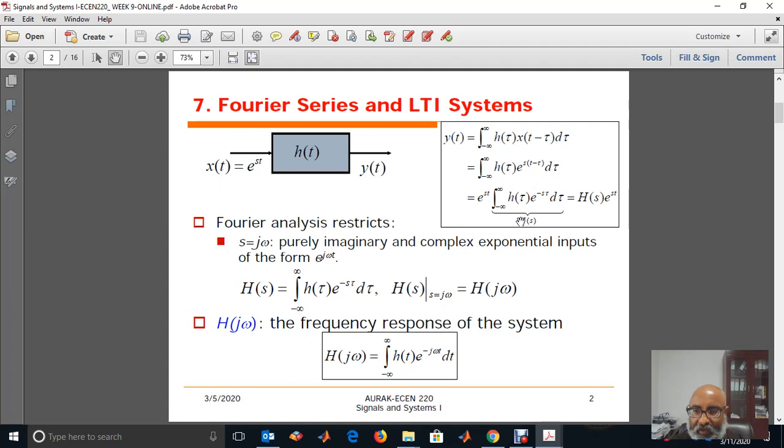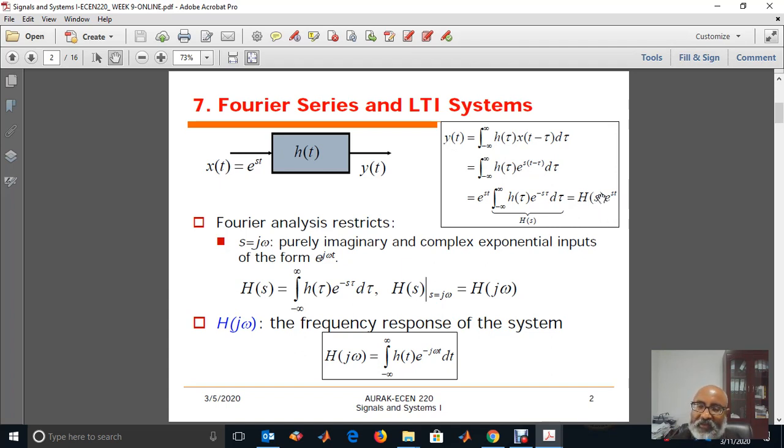Then we have e to the power of st, which is independent of tau, and the integral from minus infinity to infinity of h of tau e raised to minus s tau d tau, which we call H of s. Therefore, the output y of t is H of s times e raised to st.